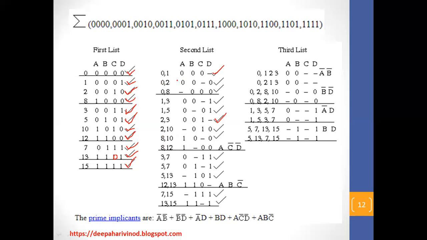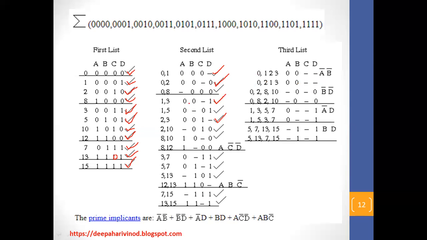Now check for 0 2 with 1 3. 0 0 dash. Yeah, 0 2 with 1 3 can be compared. 0 0 you have here, dash dash, and the last bit change, so it becomes dash dash. So 0 2 and 1 3 here.